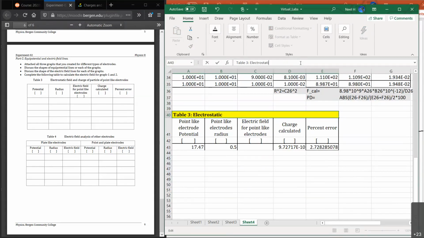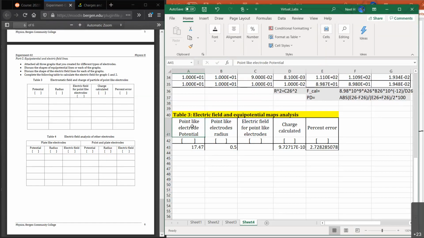So electric field and equipotential, you can say electric field and equipotential maps analysis. You can name it any way you like, but the idea should be there. Okay, so electric field map and equipotential map analysis.